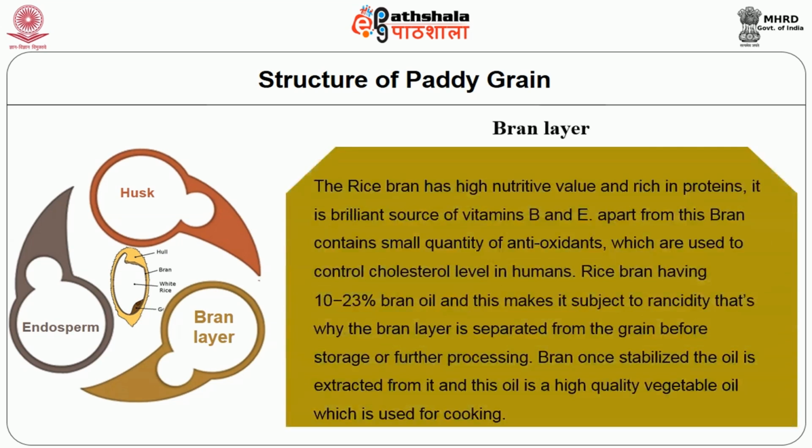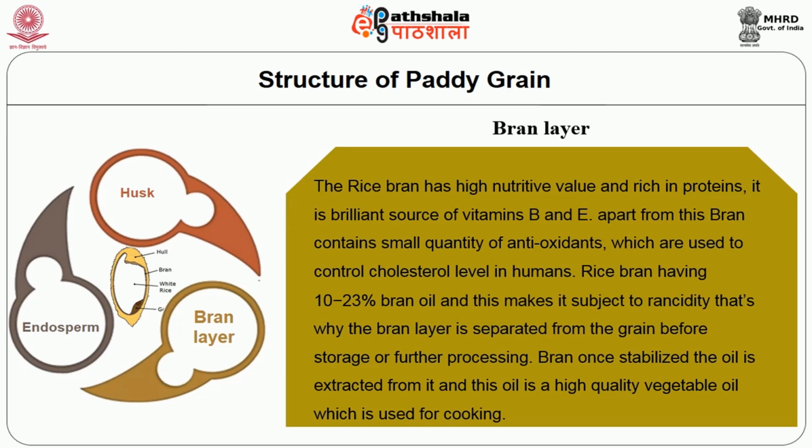The next layer is the bran layer. Rice bran has high nutritive value and is rich in proteins. It is a brilliant source of vitamins B and E. Apart from this, bran contains small quantities of antioxidants which are used to control cholesterol levels in humans.